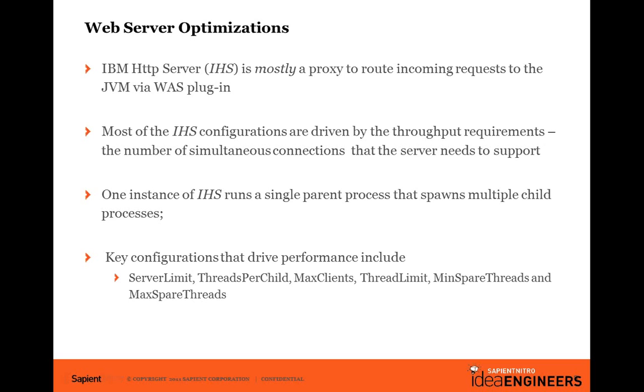The way IHS works is, one instance of IHS is a single parent process, and that will spawn multiple child processes. So the first thing that you'll need to answer is, how many simultaneous connections does the server need to support? To give you a quick math, let's say that your e-commerce site will have to do about 1,500 requests per second.